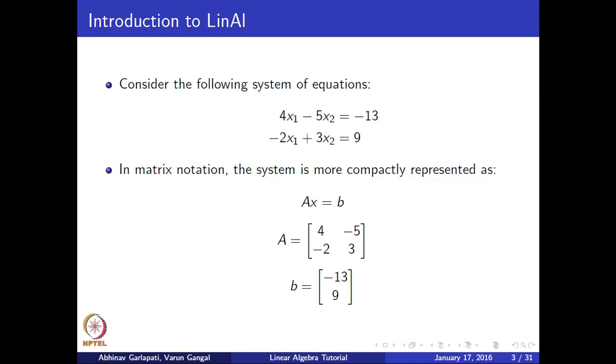In that case, you can directly get the solution x equals A inverse B through just one equation. So as we said earlier, linear algebra gives you the freedom to manipulate several equations at once in multiple variables.